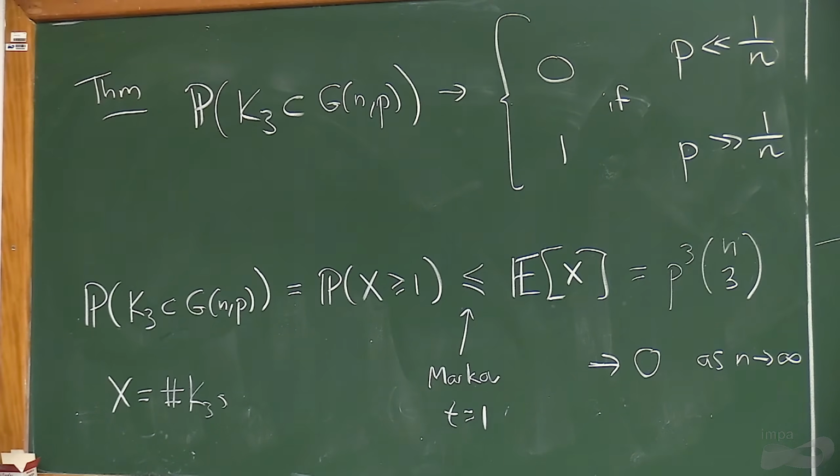Does that mean we have a triangle with high probability? Is it true that if the average of a random variable is large, then the random variable is non-zero most of the time?